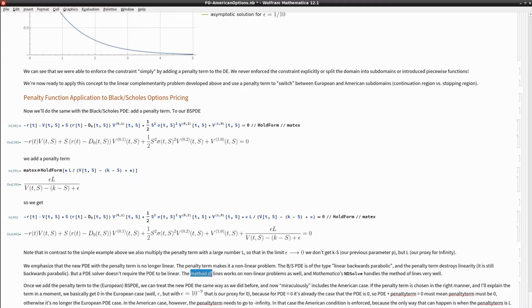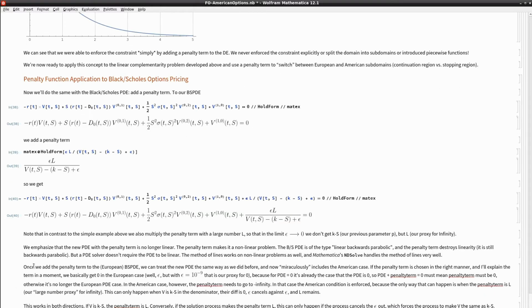The method of lines that we have in NDSolve works on nonlinear problems as well, and Mathematica's NDSolve handles the method of lines very well. I've been using it for, I think, at least 15 years, and it has always been great and has only ever been improved. So once we add the penalty term to the European Black-Scholes PDE, we can now treat the new PDE the same way as we did before.